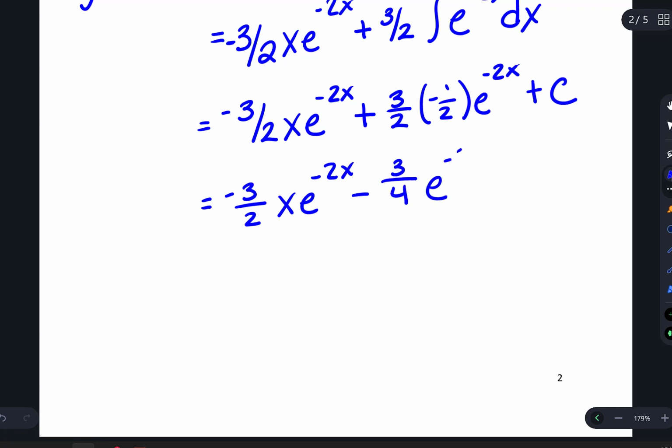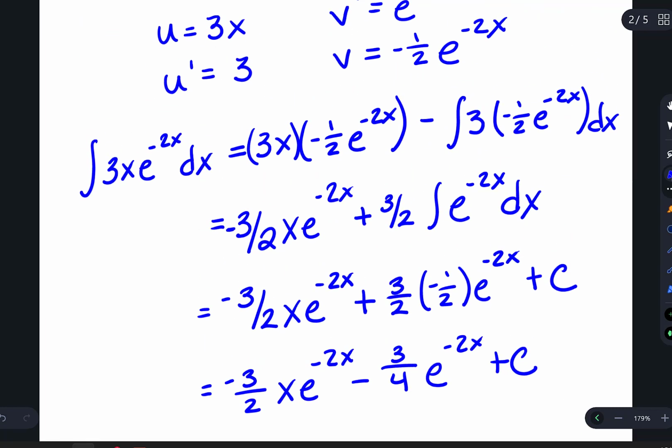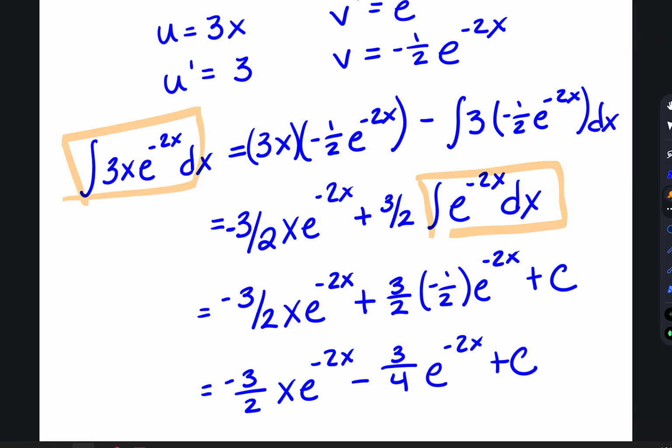We have the following. And so again, notice on this example, once we applied the integration by parts, we still had an integral that we had to deal with, but working with this integral is much easier than working with this integral. And so that's what integration by parts does, is it helps you simplify it so you get an easier integral to work with.